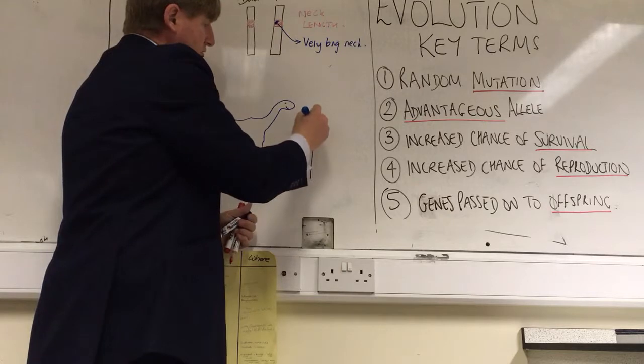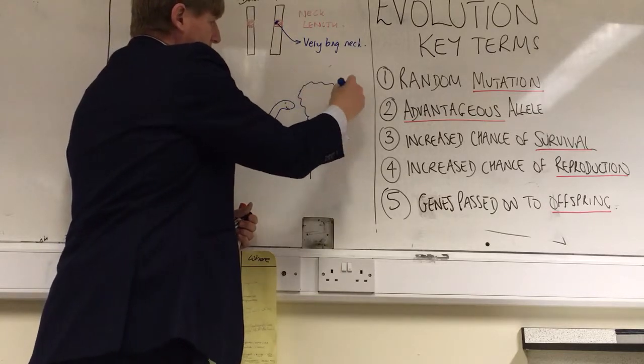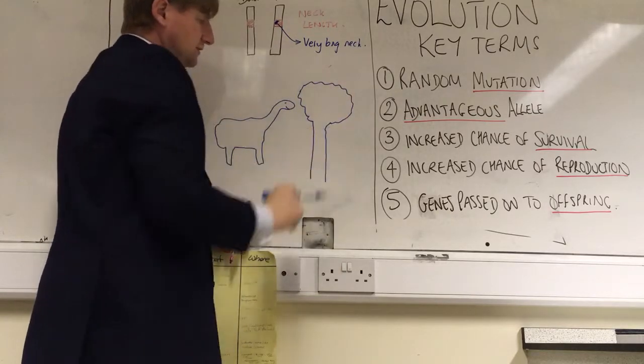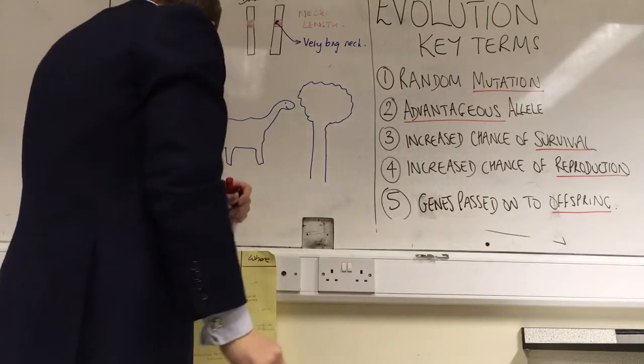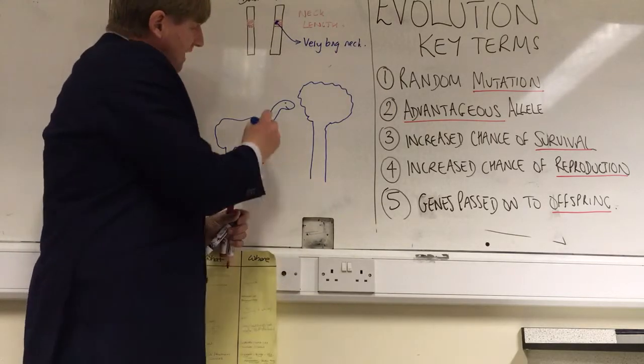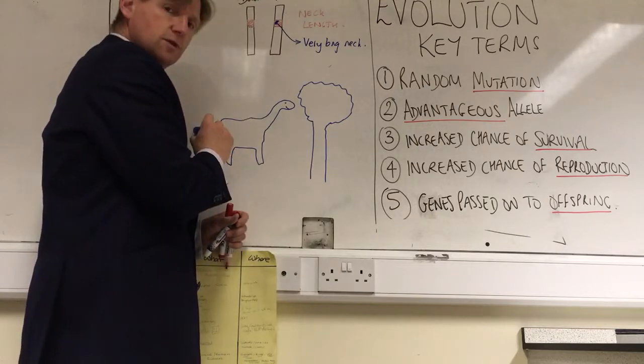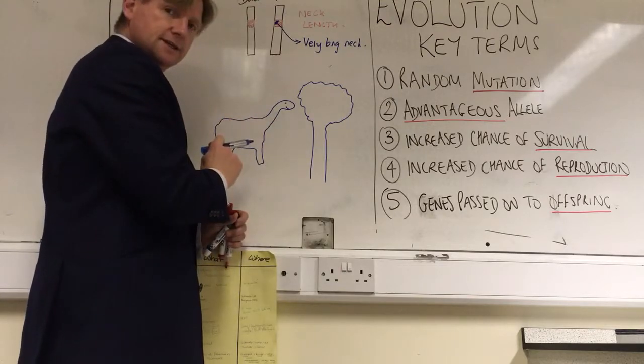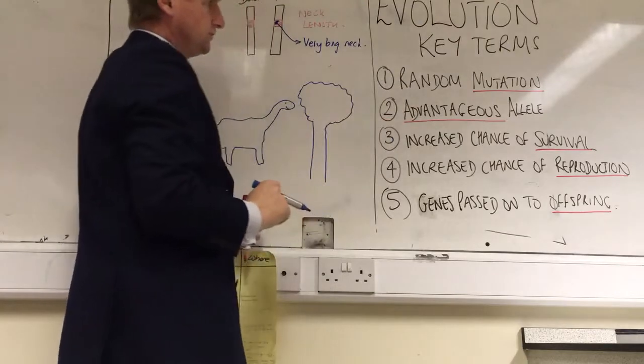Now, it doesn't take much to imagine, does it, that if you have vegetation and trees which are required to survive because you need to feed, that this organism with a longer neck has got an advantage.